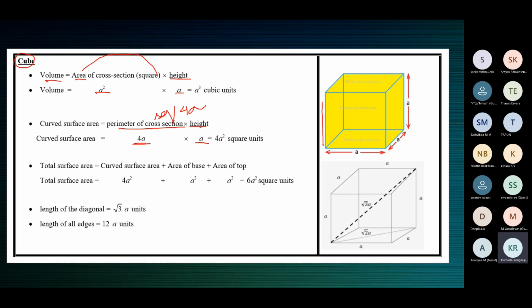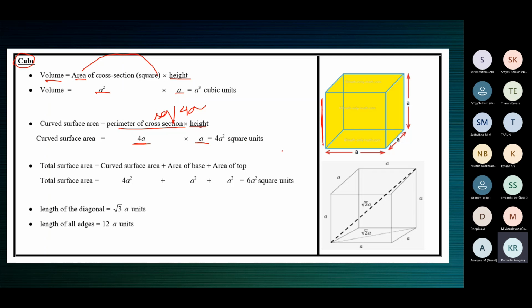The plane figure does not have a height. Height is the height of the cube, a units. So 4a into a, 4a square units. Area is expressed in square units and volume in cubic units.